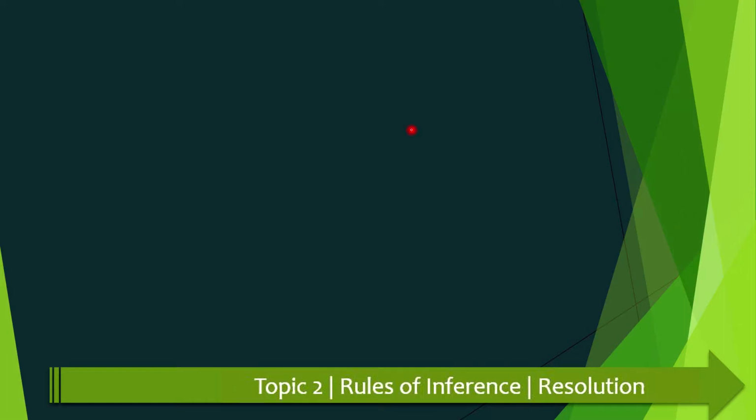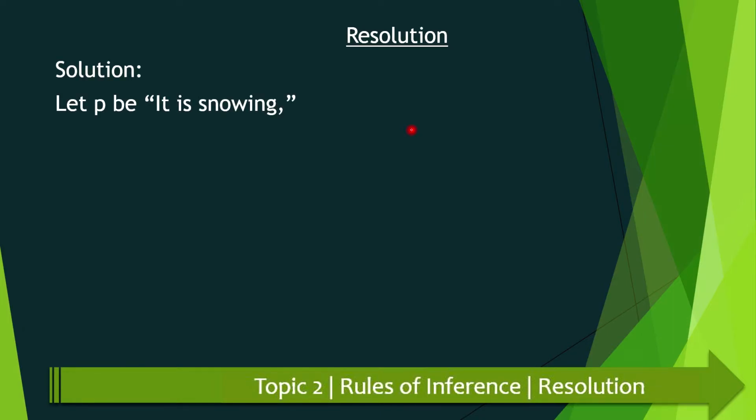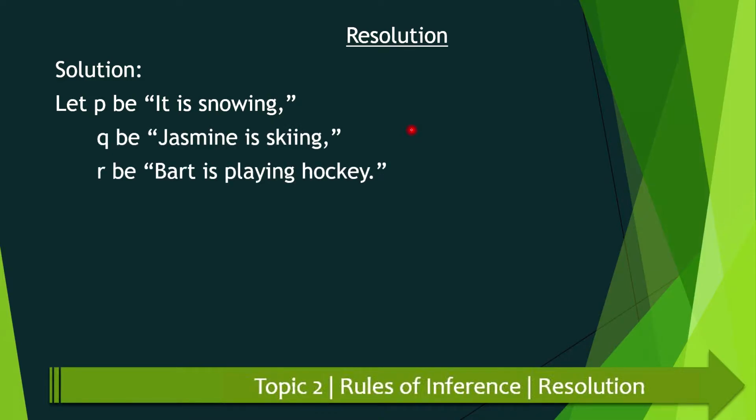Now, how are we going to solve that problem? Let us represent it with variables. Let P be it is snowing, let Q be Jasmine is skiing, and let R be Bart is playing hockey. The first hypothesis is Jasmine is skiing, which is Q, or it is not snowing, so let's negate this statement.